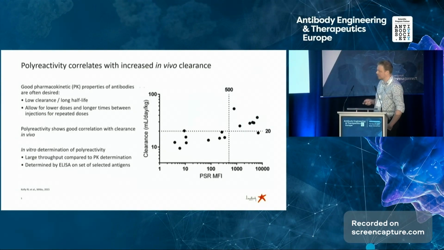In this work by Kelly et al., they show the correlation between clearance and also polyreactivity. Polyreactivity can be measured in multiple ways, both cell-based and also ELISA-based, but it can be screened for in vitro through simple techniques.